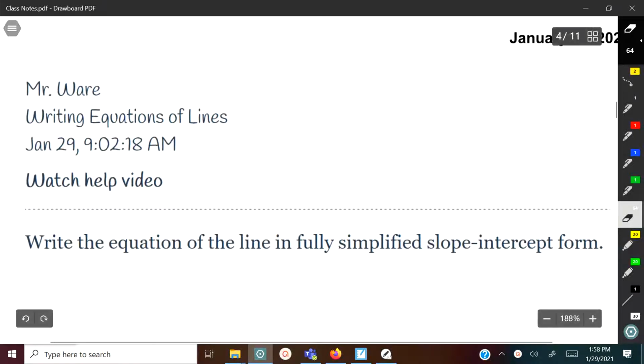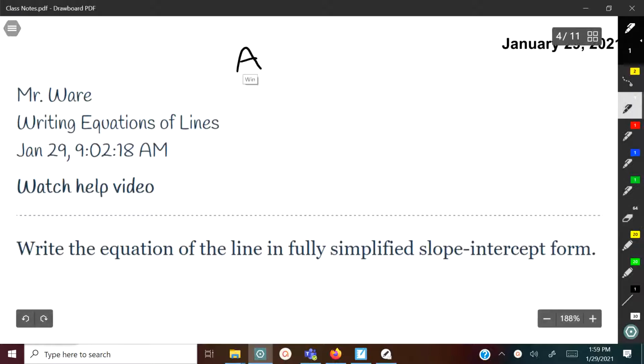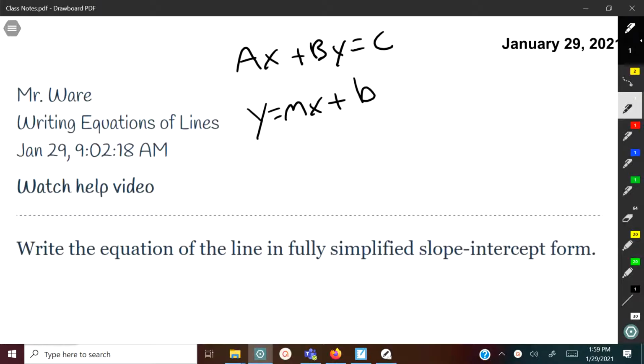So we are continuing our lesson on linear functions, and we're dealing with taking a line and writing the equation from it. Before, we took a look at a line that was ax plus by equals c in standard form, or y is equal to mx plus b in slope-intercept form, and drew a line from those equations.